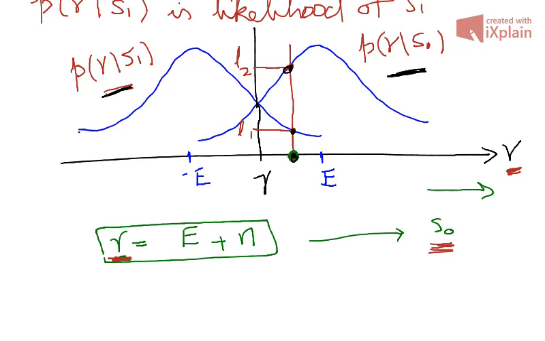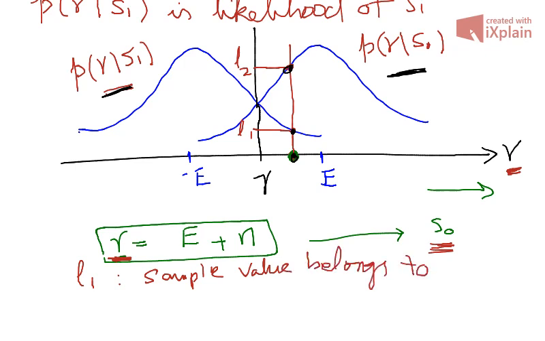So the value L1 gives you the knowledge that the sample value belongs to the conditional PDF of R given S1, this likelihood function.